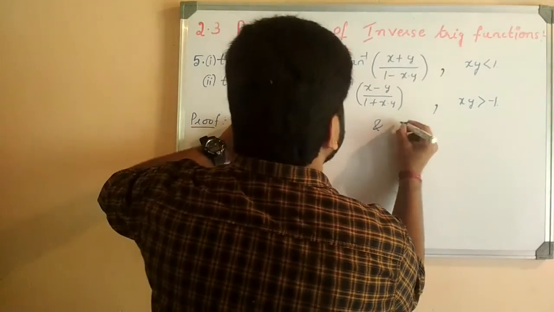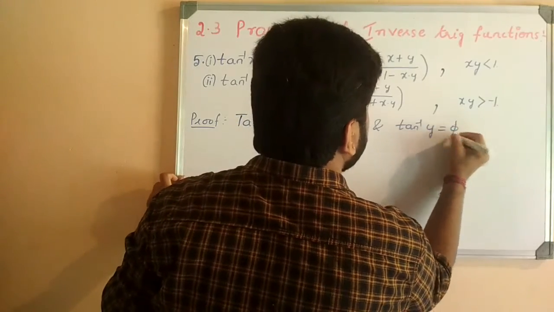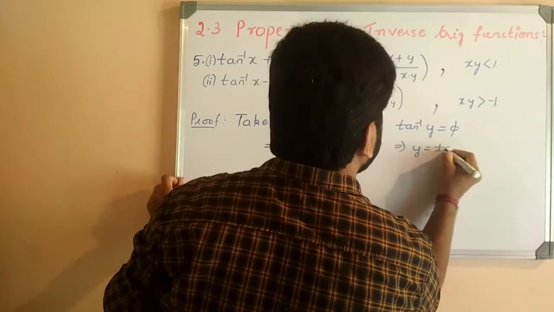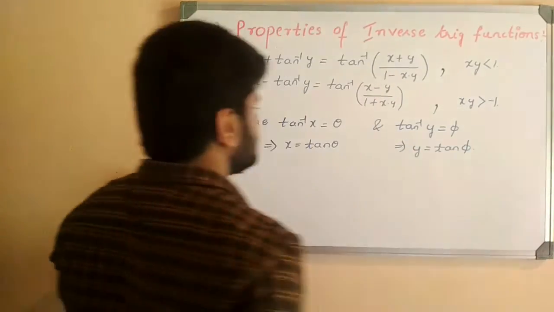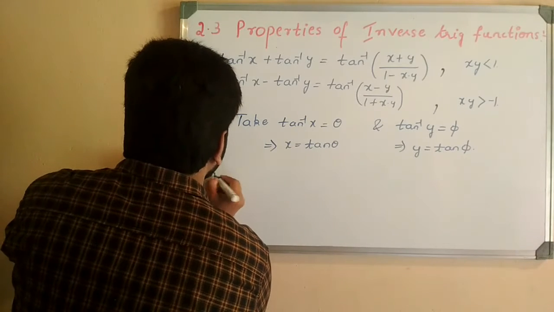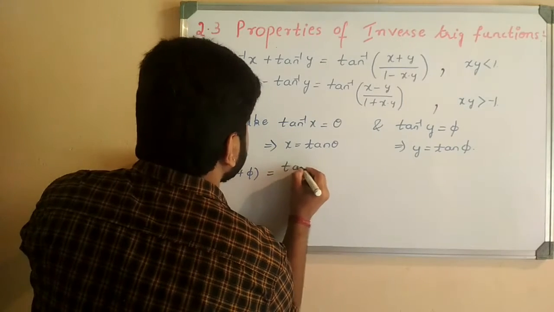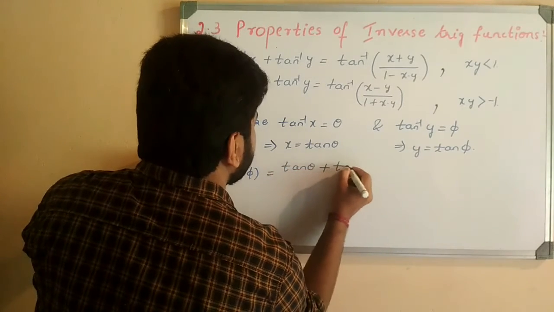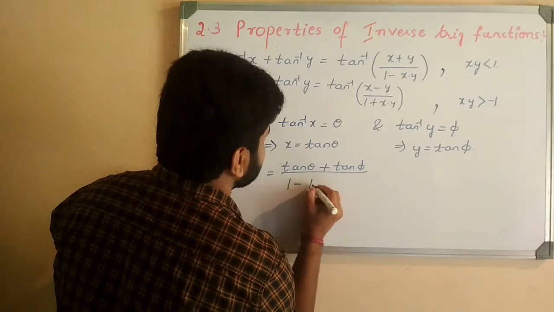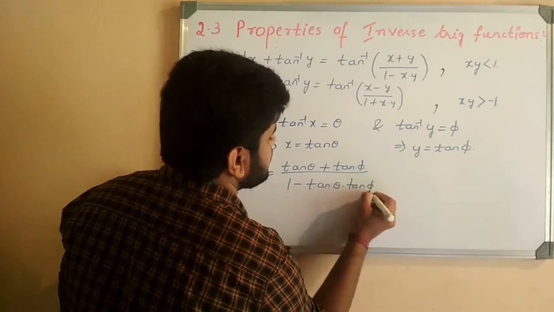And you take tan inverse of y is equal to phi, which implies y is equal to tan phi. So from the trigonometric formula, tan of theta plus phi is equal to tan theta plus tan phi divided by 1 minus tan theta into tan phi.